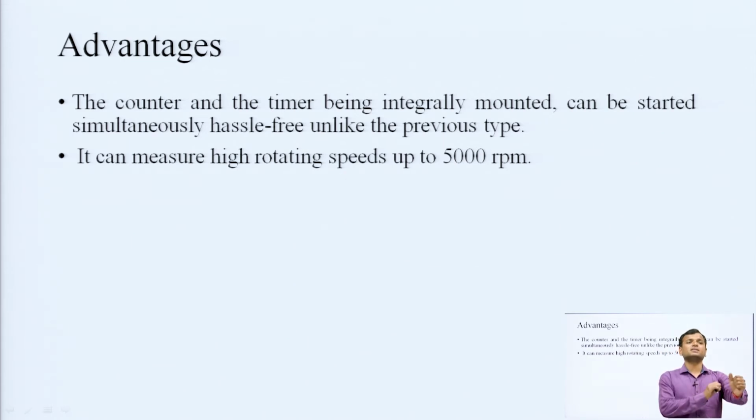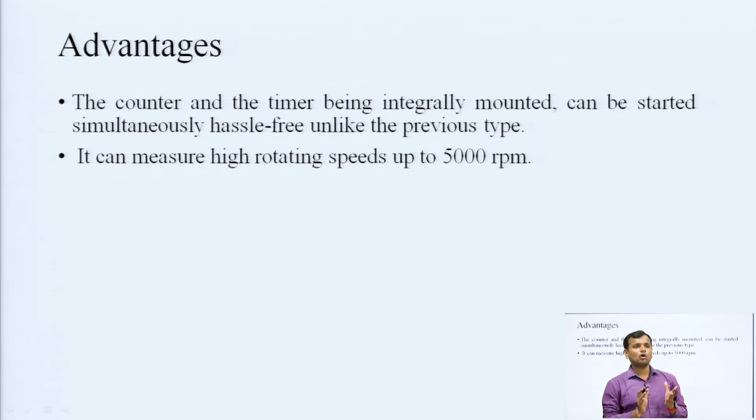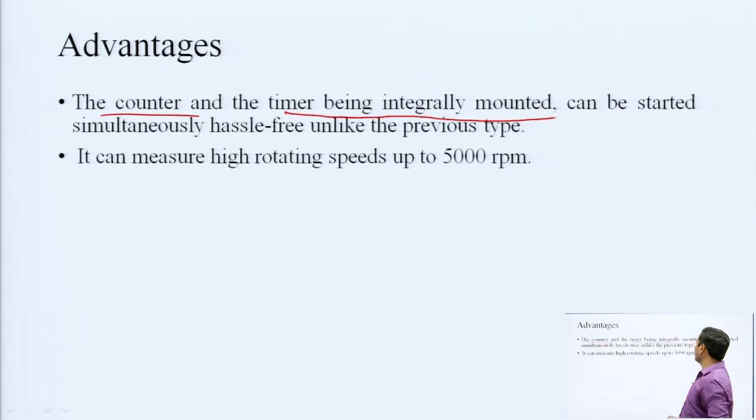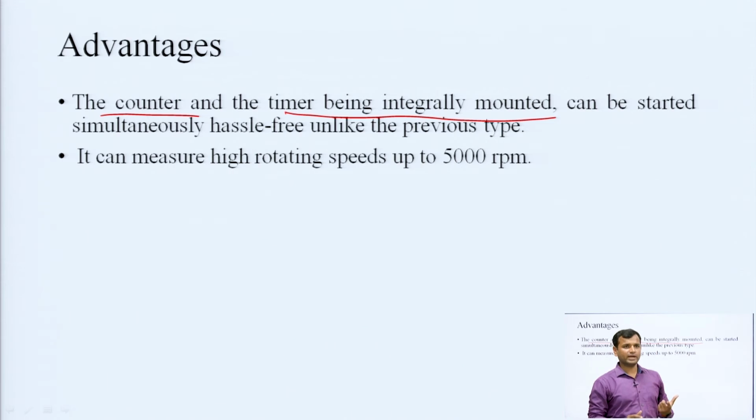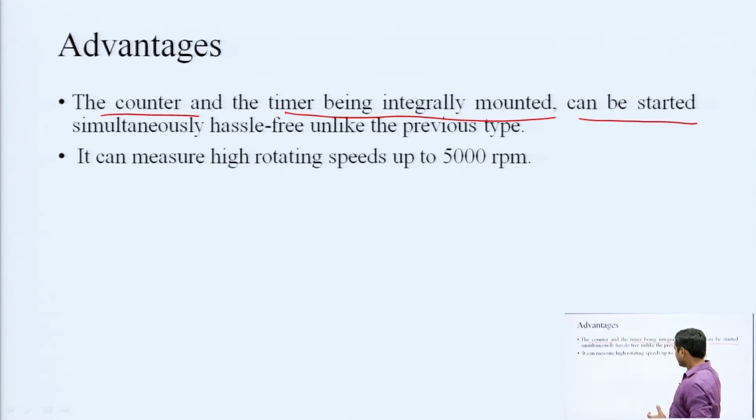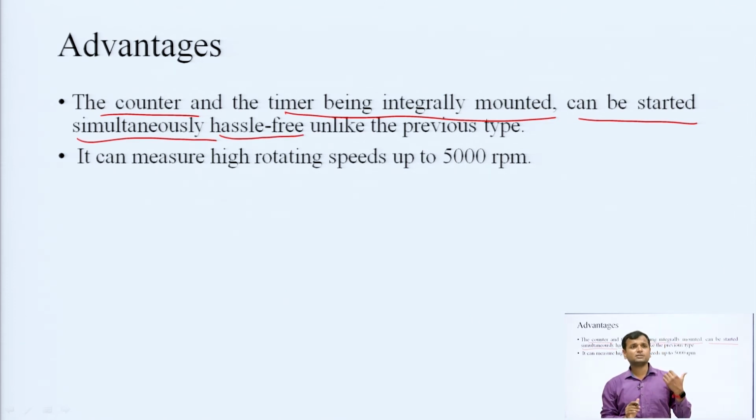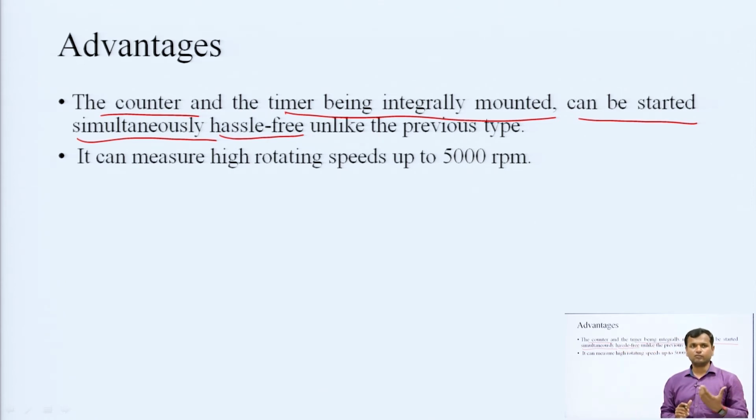In the previous arrangement, the mechanical fly ball tachometer, the timer and the counter do not start simultaneously, but in this arrangement both are mounted integrally, so they can be started together to give you a hassle free reading on the output side. So, that is one advantage over the mechanical fly ball tachometer which we saw previously.